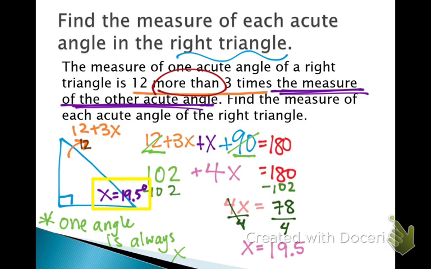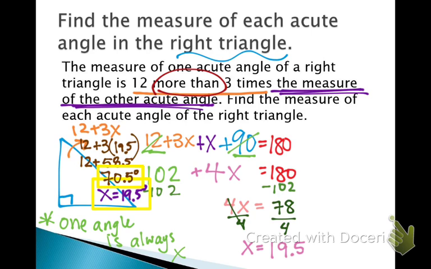Plug in and then multiply 3 times 19.5. What's 3 times 19.5? 58.5. Add them together and we get 70.5 degrees.